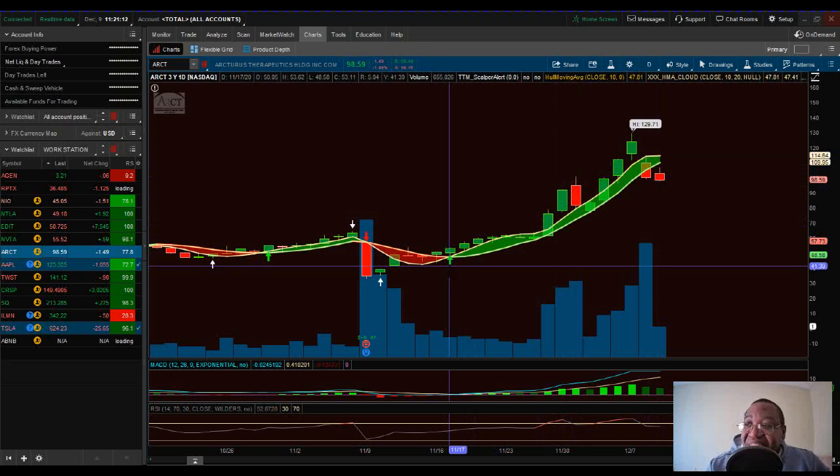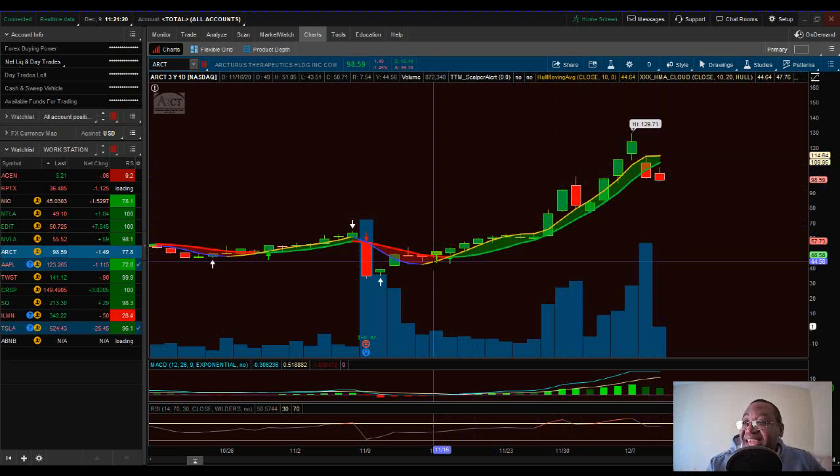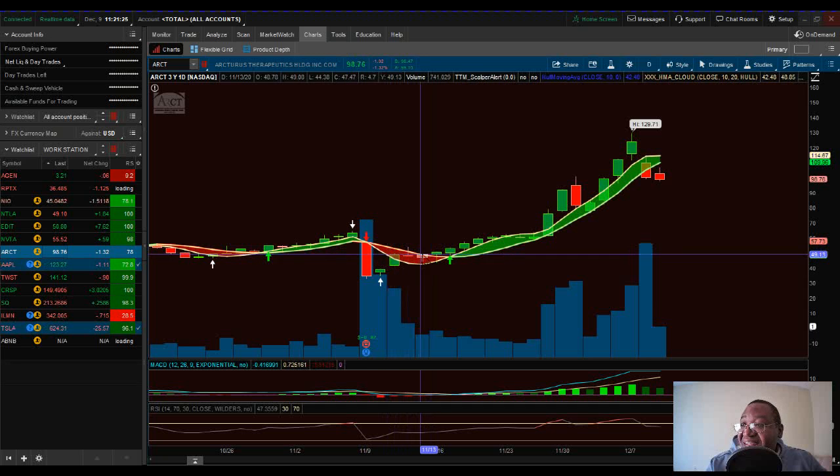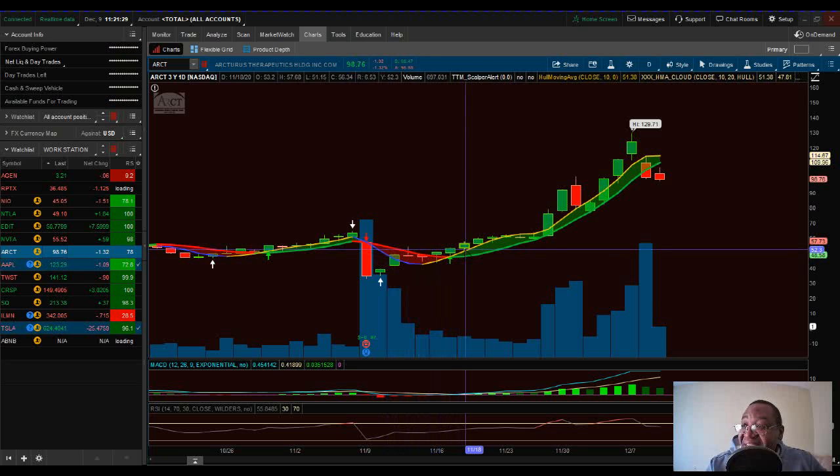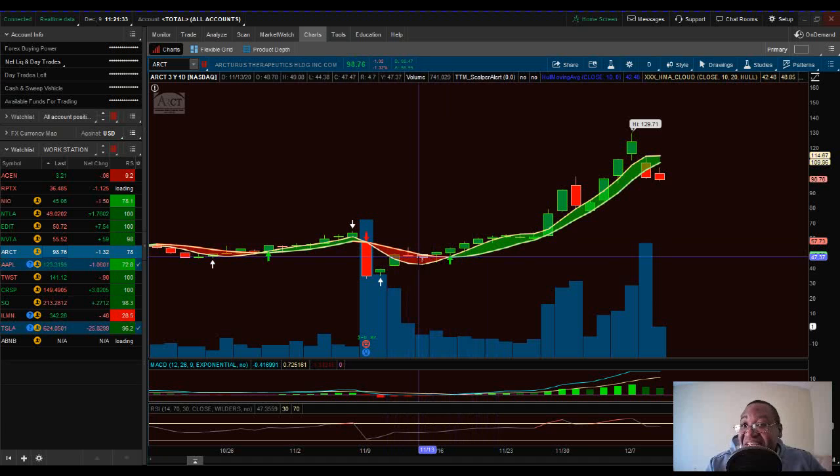In the system that I've shown you, the most ideal scenario is for you to get in around here when the red cloud is closing and about to change into a green cloud. That is the most ideal way to use the setup that I have shown you.